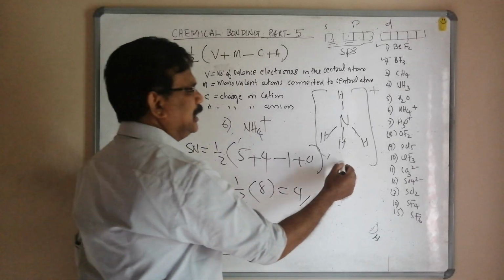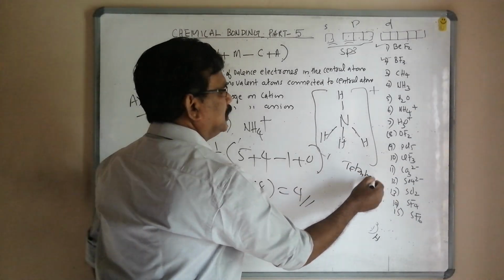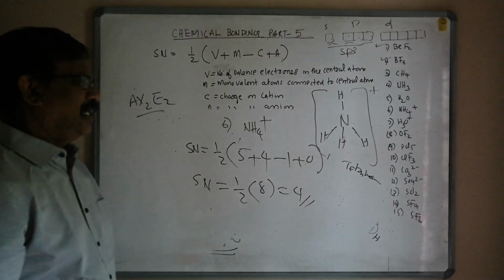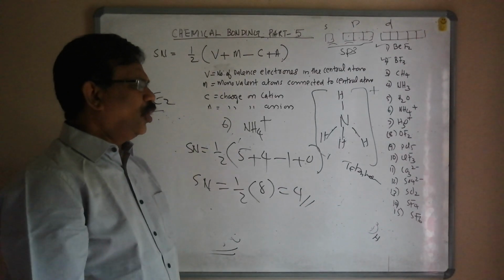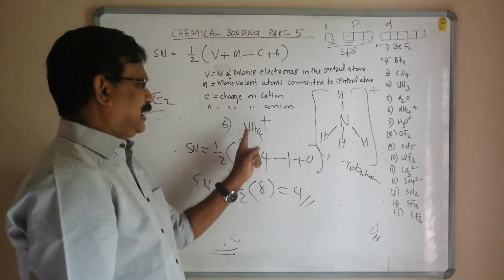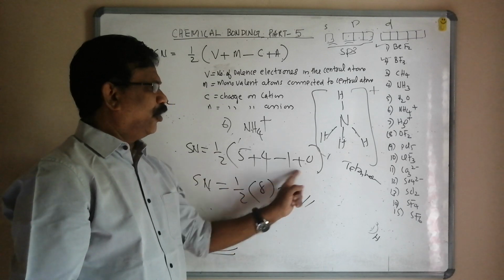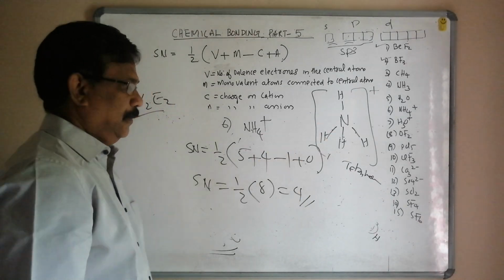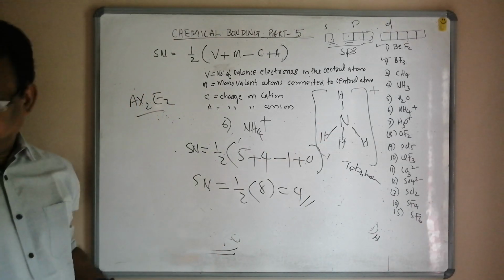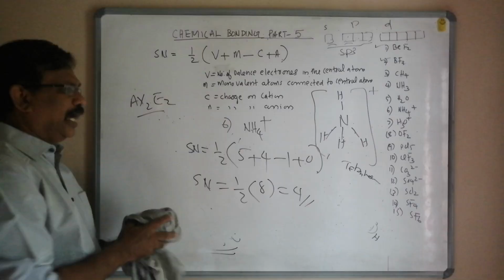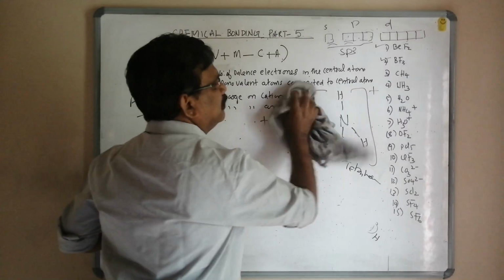So the shape is tetrahedron. Nitrogen is under sp3 hybridization. There is no lone pair. 4 H atoms are attached to the central N atom. It has 4 hybrid orbitals. And the ammonium ion shape is tetrahedron, with the tetrahedral angle 109 degrees 28 minutes.